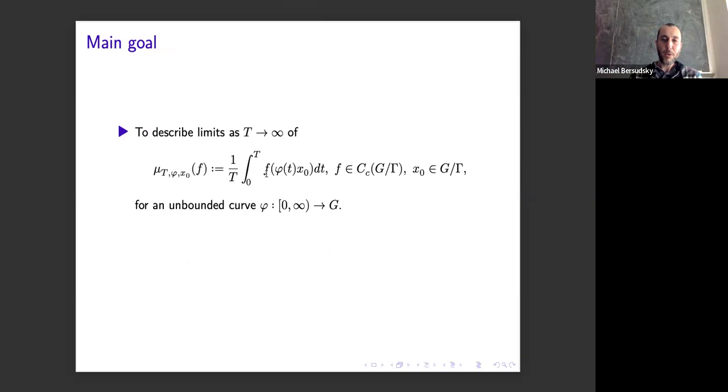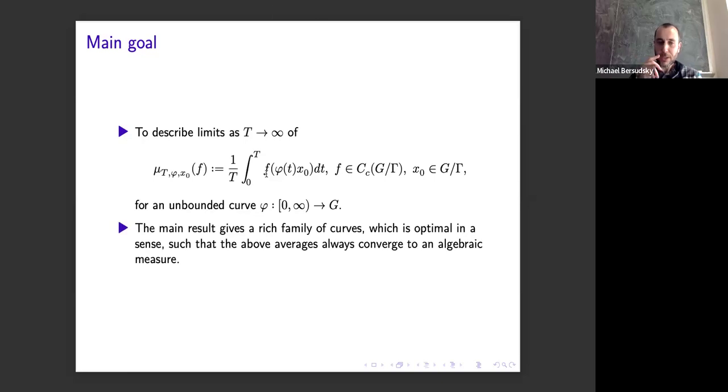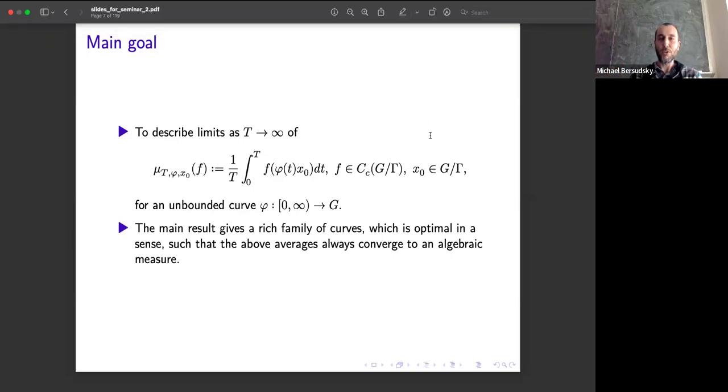You take a point in G mod gamma and you average from 0 to T. Our main result is a robust statement about a rich family of curves, which is in a certain sense optimal. The optimality is in the sense that those averages always converge to a nice algebraic measure, a measure that's supported on a subtorus, you can think. It's an extension of Ratner's equidistribution theorem for one-parameter flows.